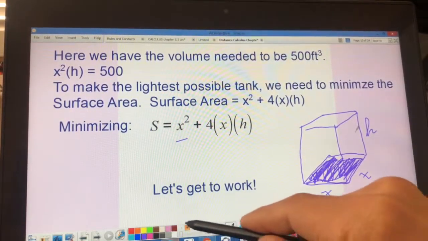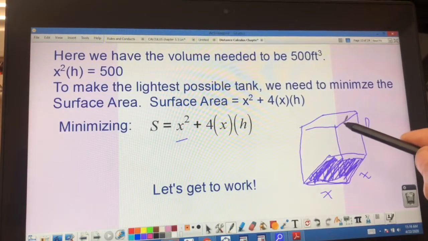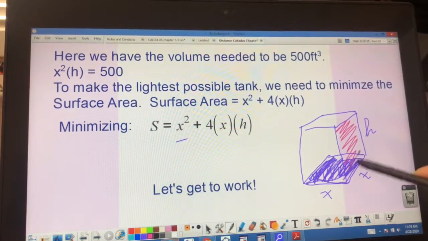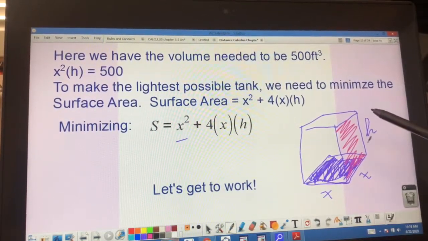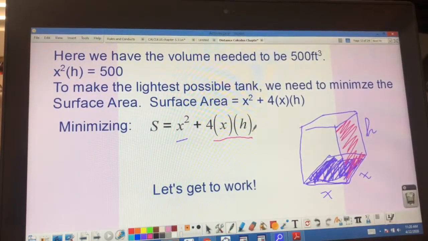Now this area on the side, let me highlight it with a different color. So this area on the side is your x times your h. So that's one of them. If you go around that whole thing, there should be four of them. So there's your 4x times h. So you add it together. Think about that for a little bit. Pause if you have to.